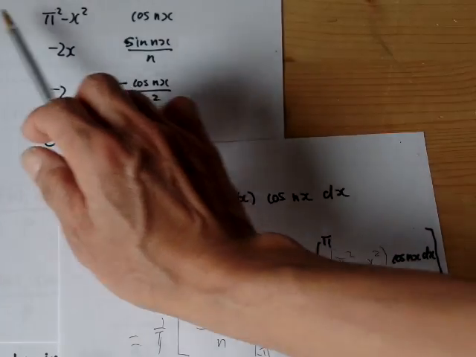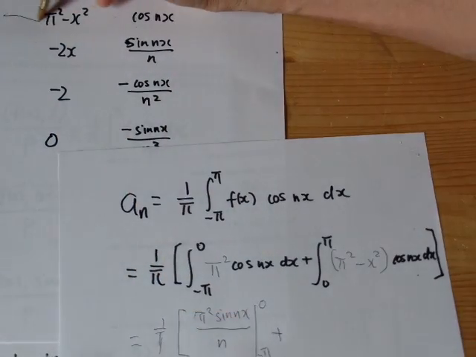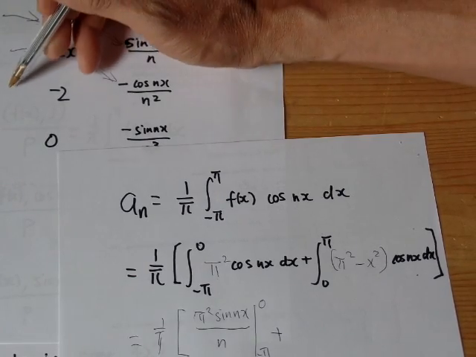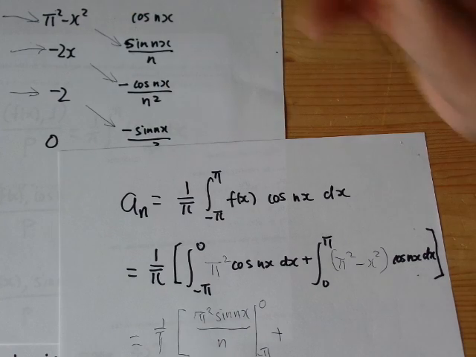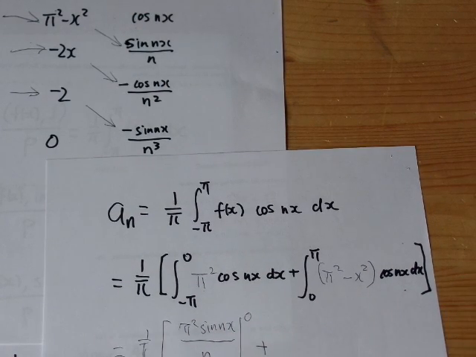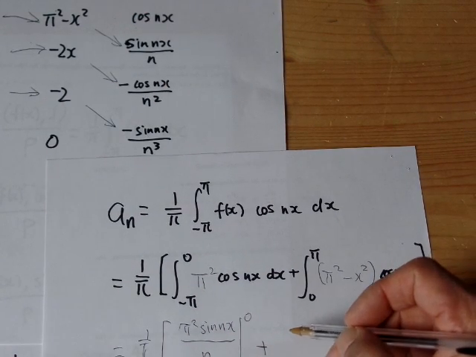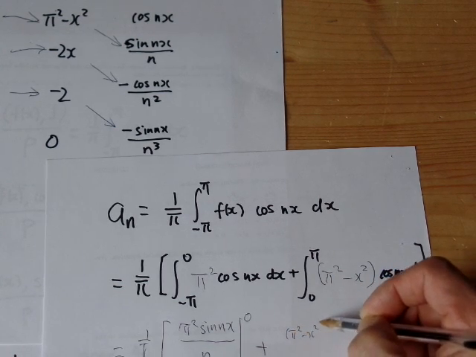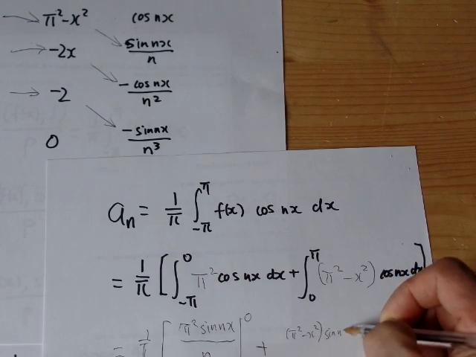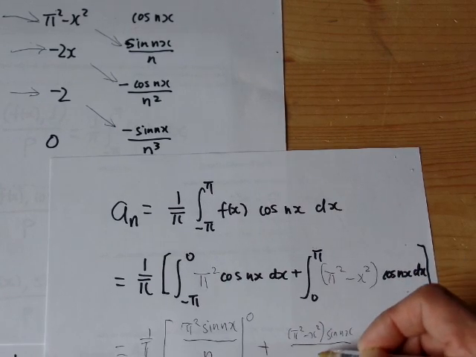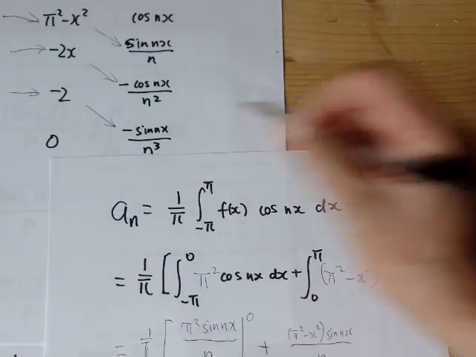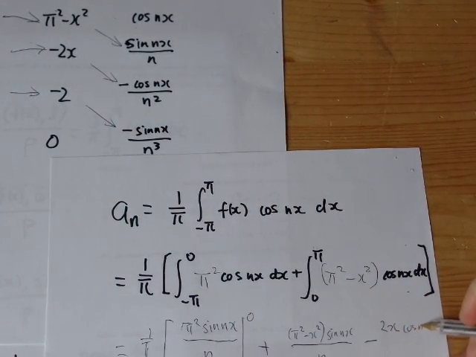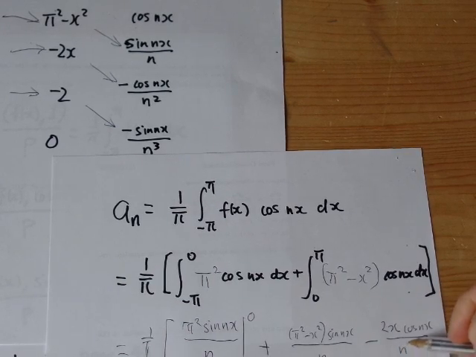It's going to be this times this times this, this times this times this, and this times this times this. Let me write a little smaller here. Pi squared minus x squared times sine nx over n, and then this is going to be a negative 2x cosine nx over n squared.